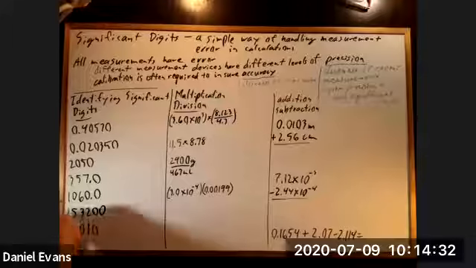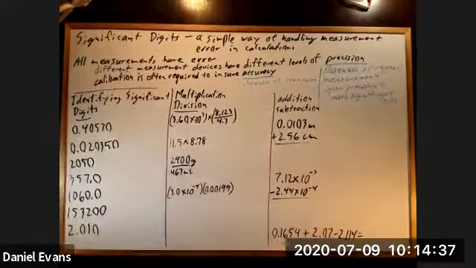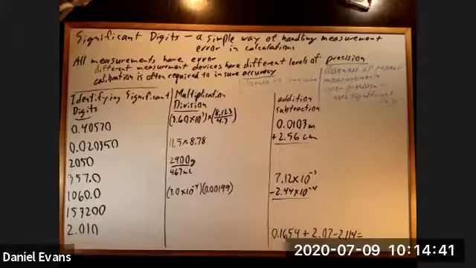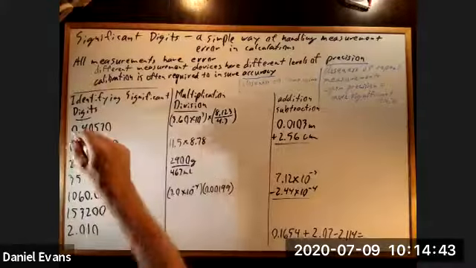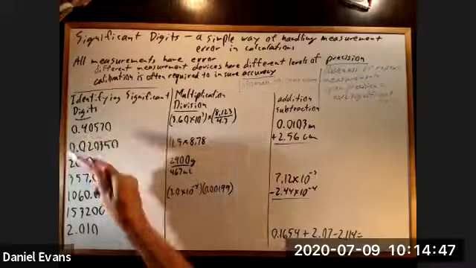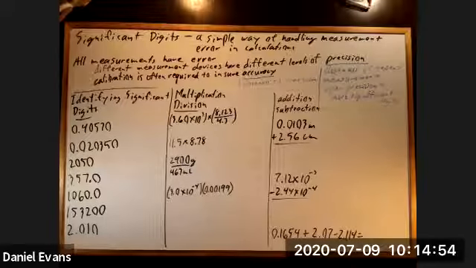Okay, so we get a number from a measuring device, then we have to figure out how many significant digits that we have. So this 0 on the left, we only put that there to help us find that decimal point, so we don't lose that decimal point. So that 0 is a placeholder 0.